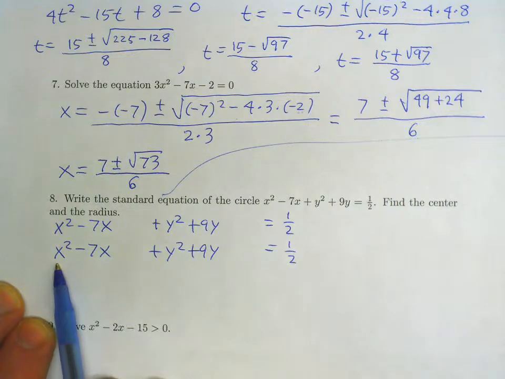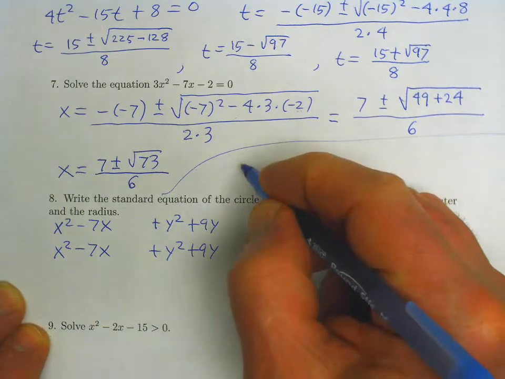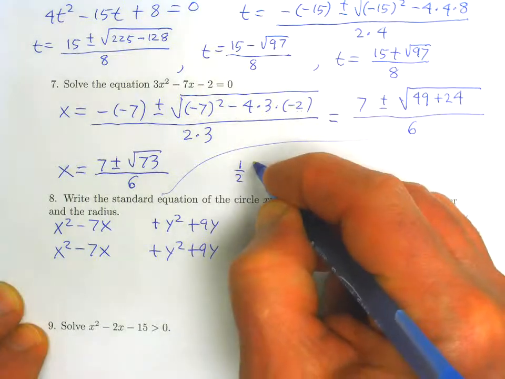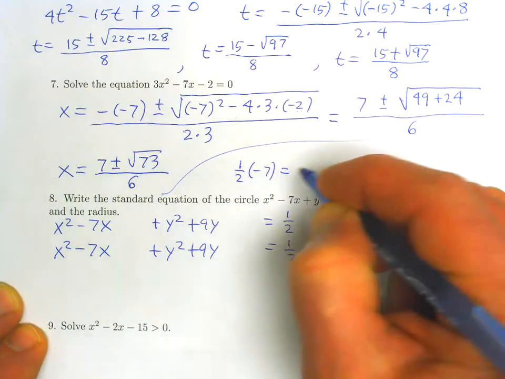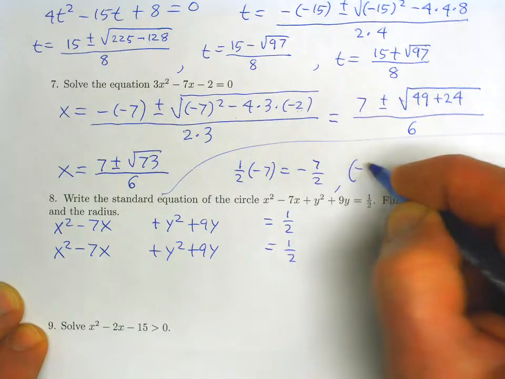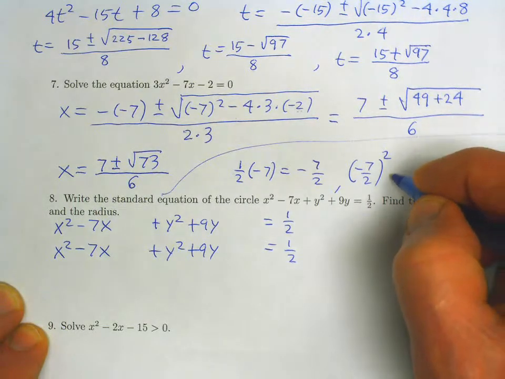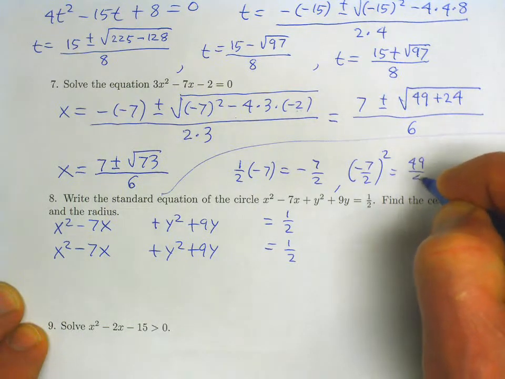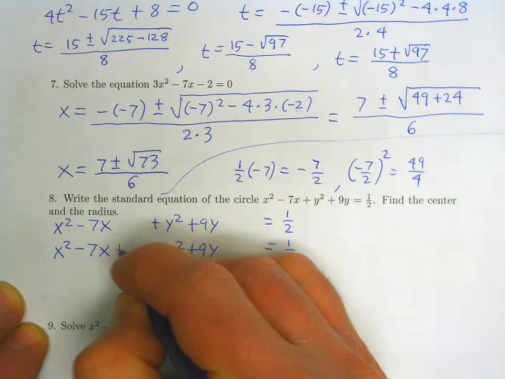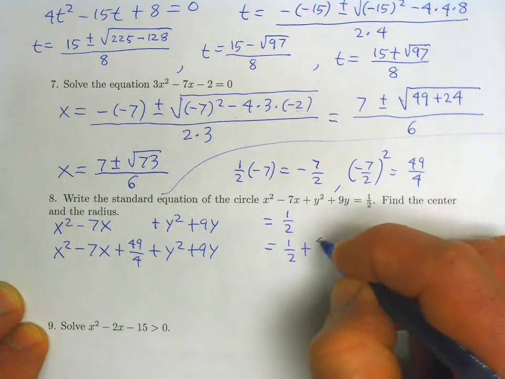Since the coefficient of x squared is 1, to complete the square, we take 1/2 of -7, which is -7/2. And then we square the number -7/2, and you get positive 49/4. So we're going to add 49/4 to both sides of this equation.